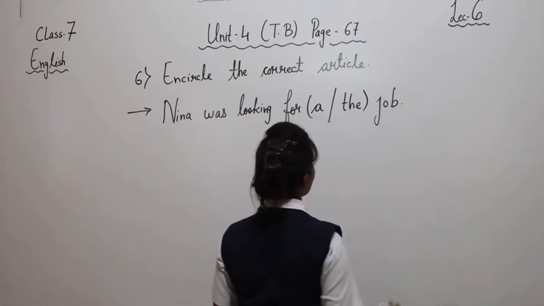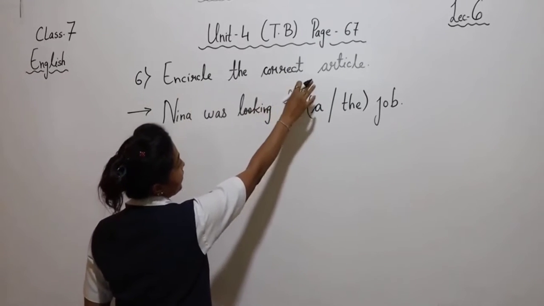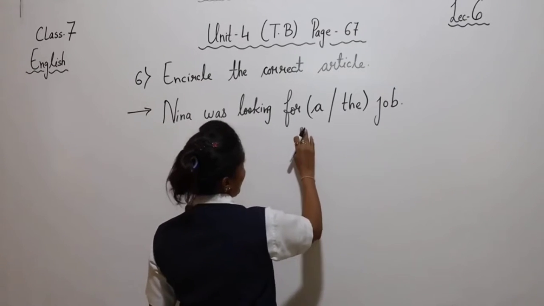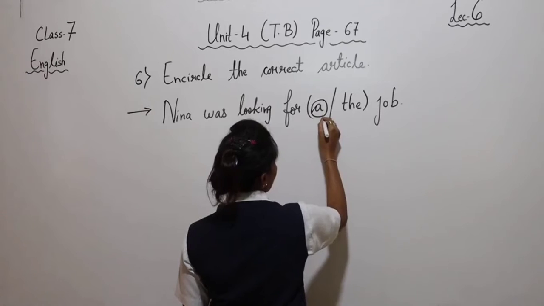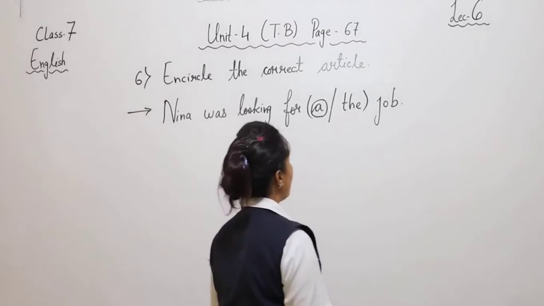Okay, so what do we have to do? Encircle the correct article. Nina was looking for a job. Which is the correct one? A. We have to choose the proper article.